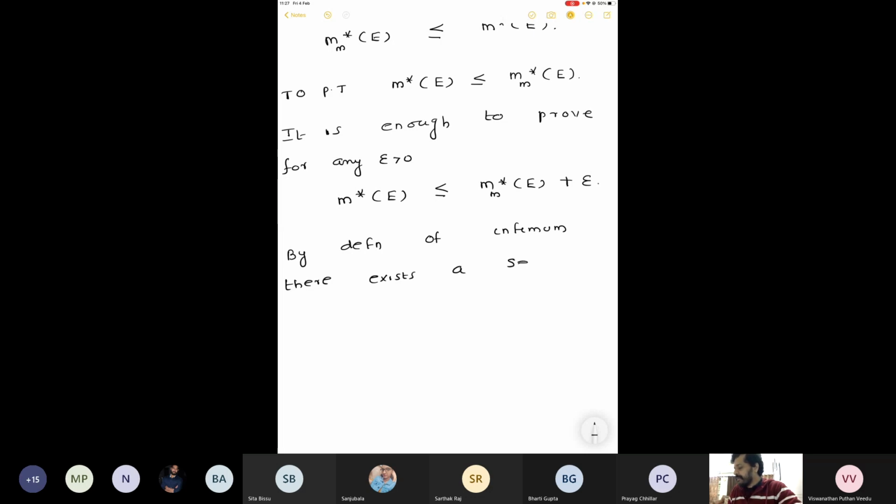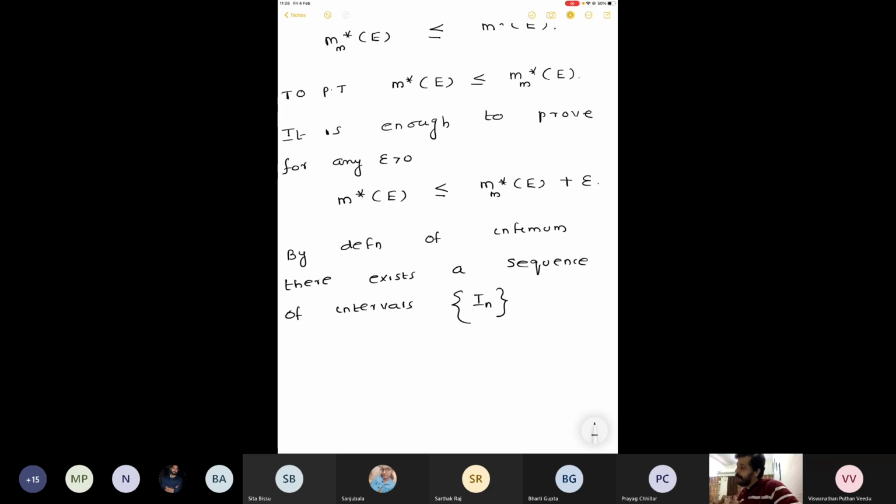A sequence of intervals In, and In can be of mixed type. One In can be open and another In can be closed.